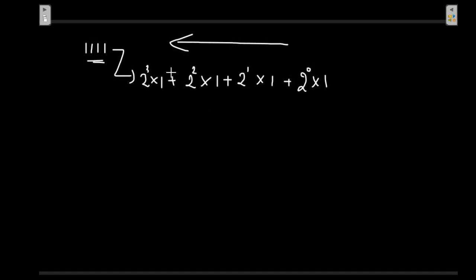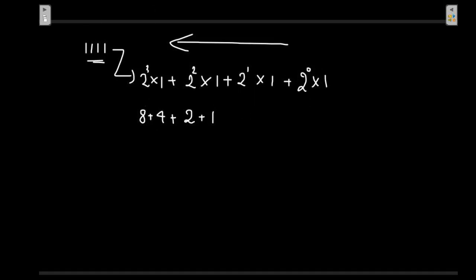So 0 through 3, we get 2 to the power 3 is 8, and times 1 is 8, plus 2 to the power 2 is 4, times 1 is just 4, plus 2 to the power 1 is just 2, plus any number raised to power 0 is just 1.